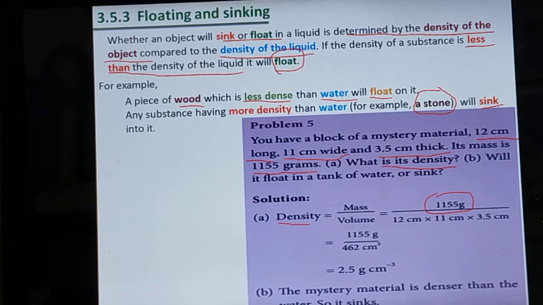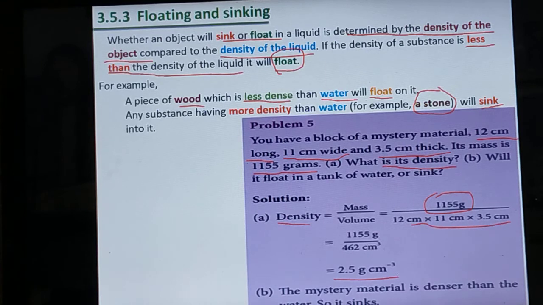Since they have given the length, breadth and height of the substance, by multiplying these we can get the volume of the substance. So 1155 divided by 462 will give you the density of the mystery block of mystery material.